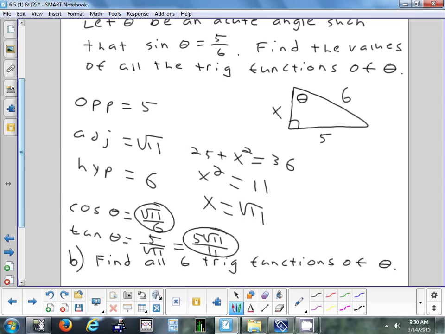Well, to get the cosecant, what do I do with the sine? Just flip it. We said these are the reciprocals. So the cosecant is going to be 6/5.